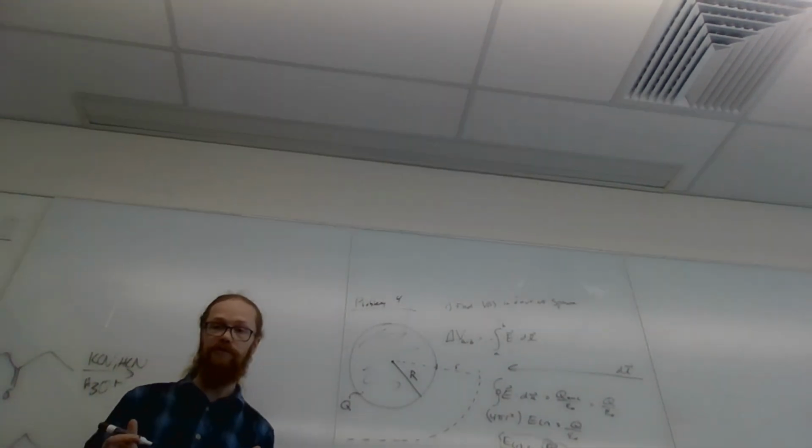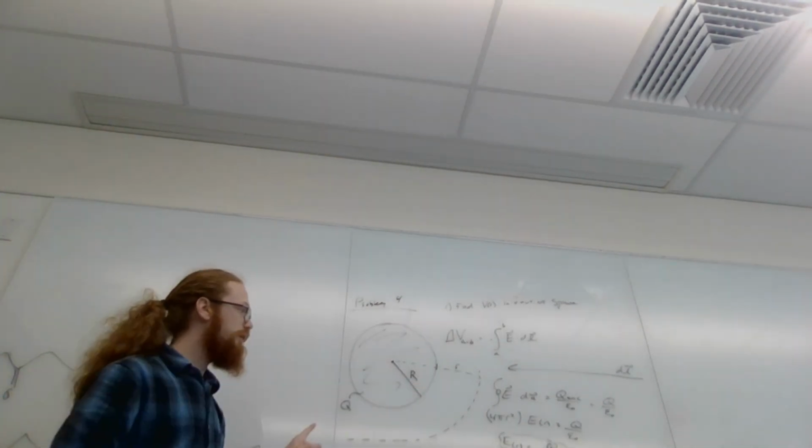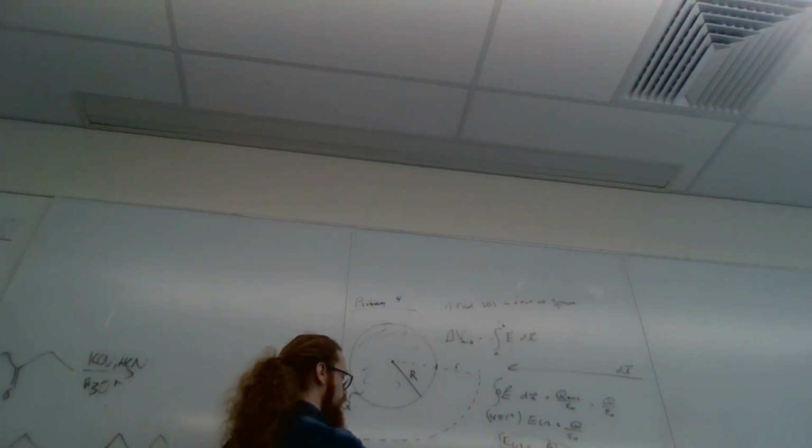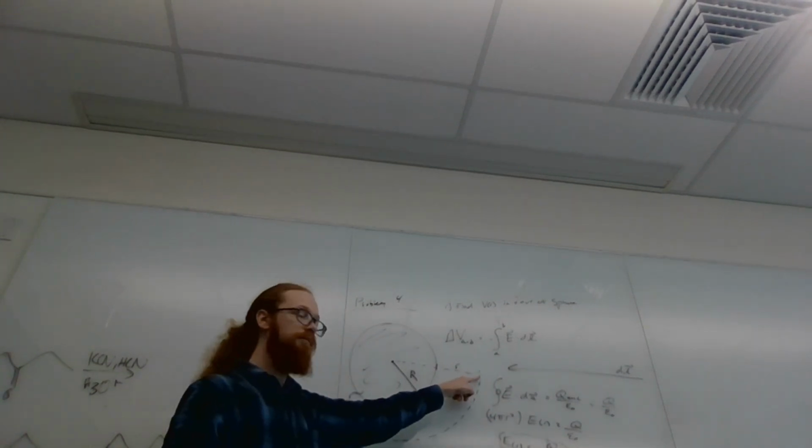So it'll be a different expression for E. So I can't do it all in one step. So let's do our integral. V of r equals minus, I'm going to go from infinity to r, from infinity to the radius that I want, E of r dot dl.